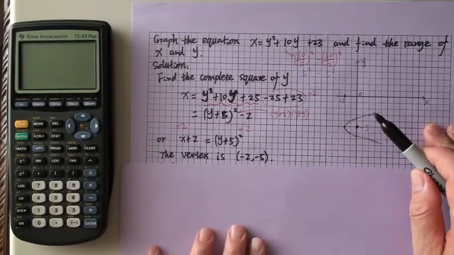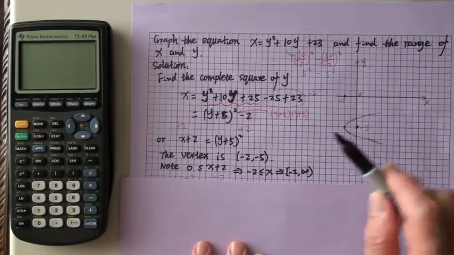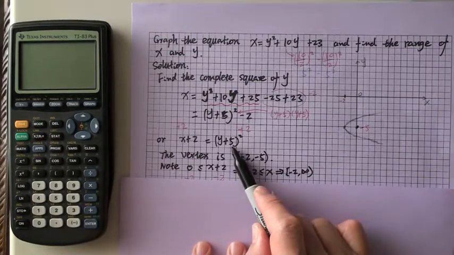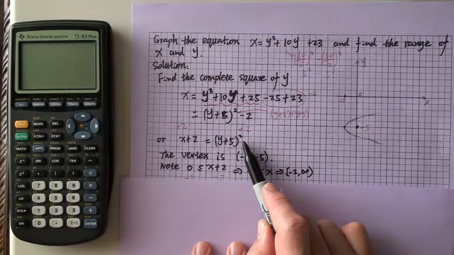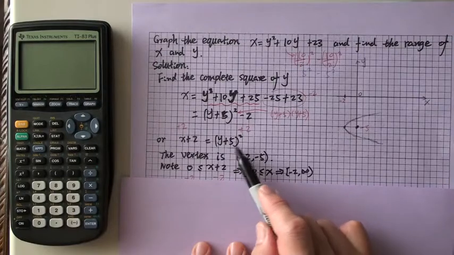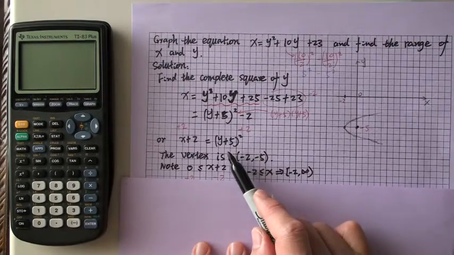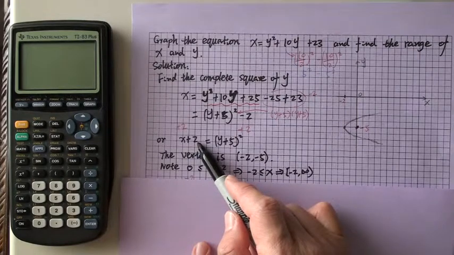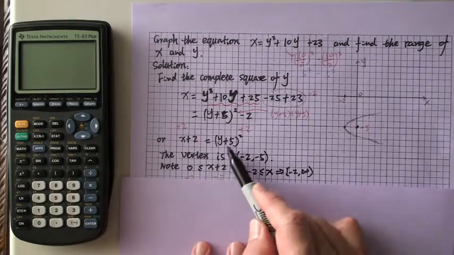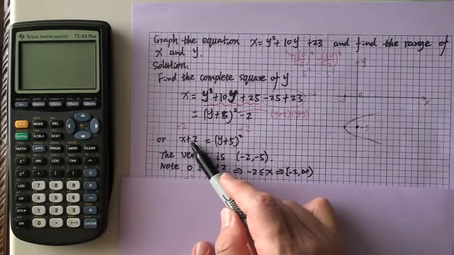And then, what is the range? y plus 5 squared is positive. Whatever you put in for y plus 5, when you square it, it is going to be positive. Then x plus 2 is positive all the time, because the right hand side is positive and equal to x plus 2.